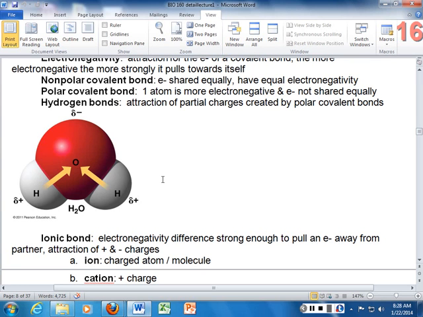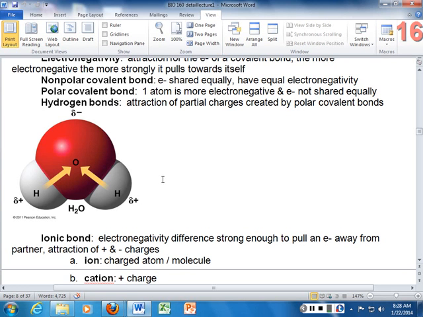So this would be an example of nonpolar. Everything is equally shared. This would be an example of polar covalent. It's still sharing, but there's separate poles where things are not equally shared in there. And so that allows you to create these hydrogen bonds.